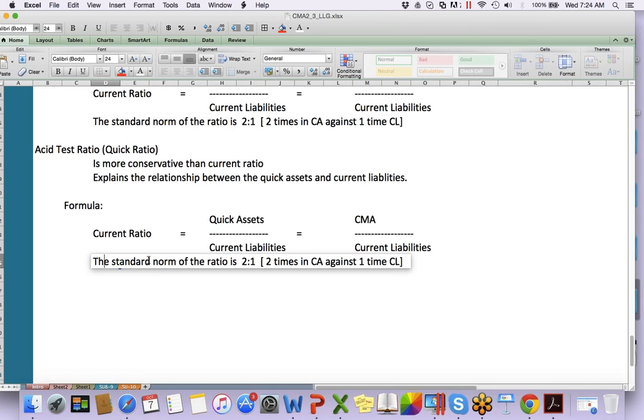The standard norm of this ratio is 1:1. Just 1:1 is enough because you have readily available cash to pay your current liabilities: one time in current asset against one time in current liability. 1 million quick assets and 1 million current liability is more than enough.